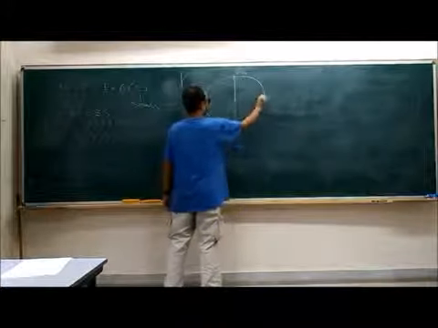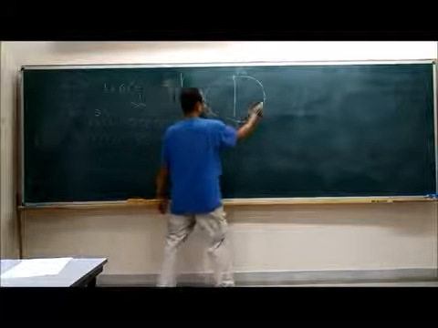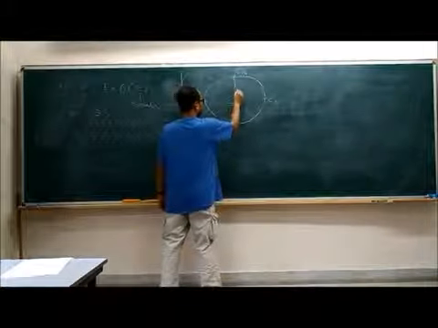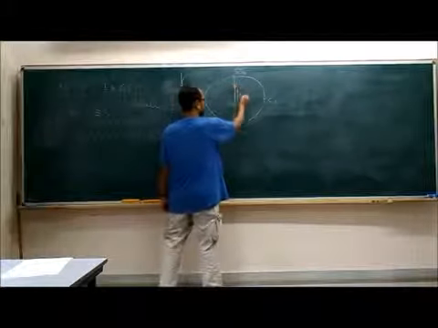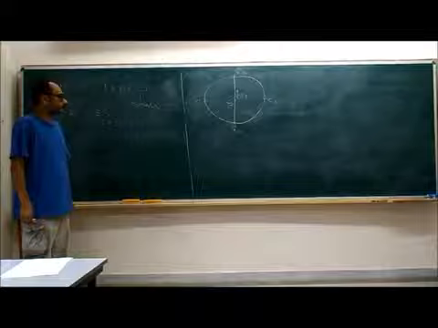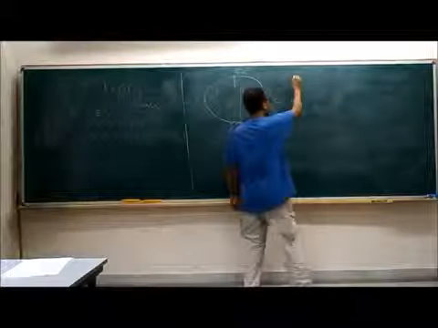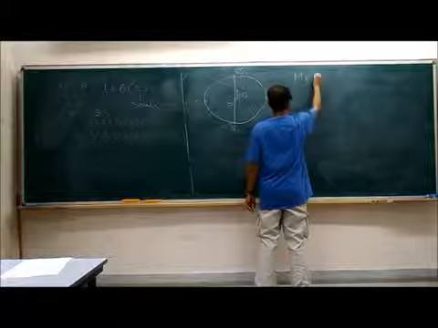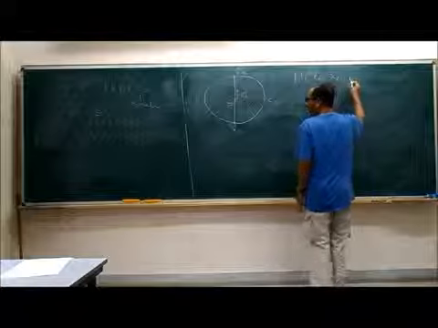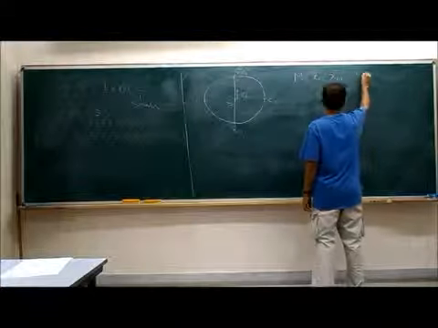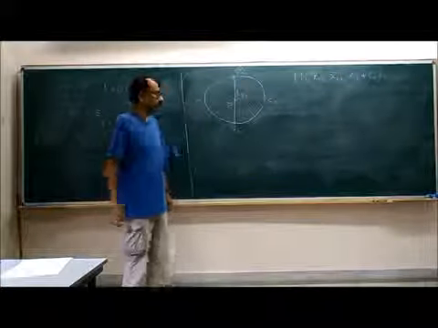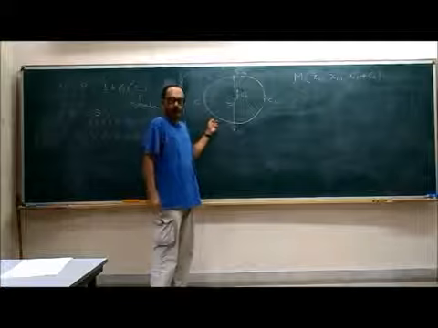Suppose we call this C1, C2, C3, and then this, if we travel in this direction, will be minus C3. So let's start by looking at M x1 x1 C1 plus C2. That's the big loop which you want to calculate.